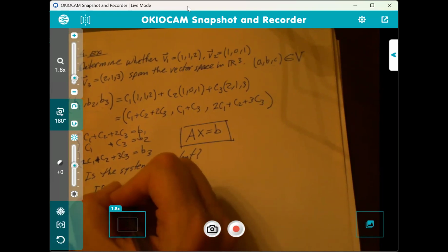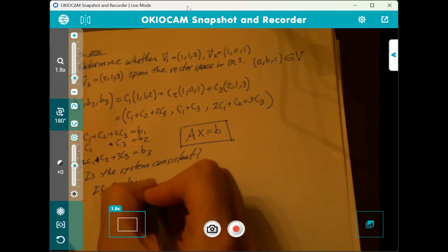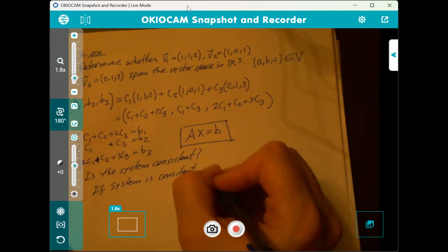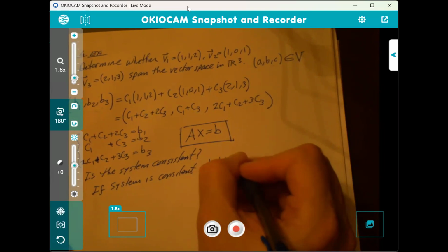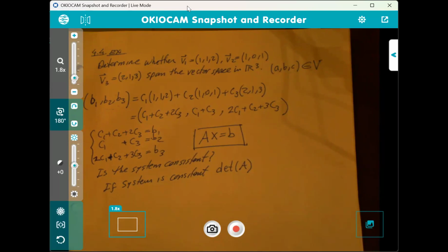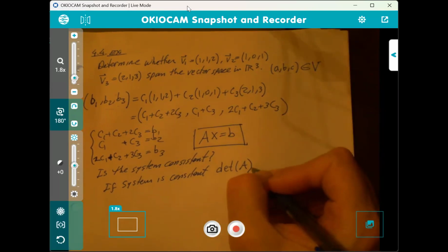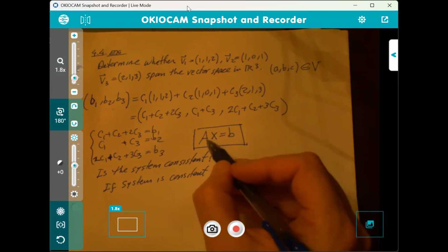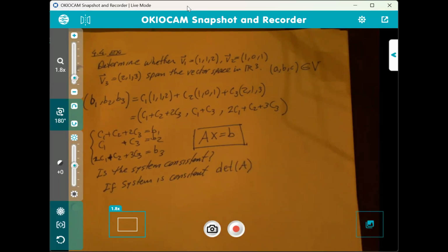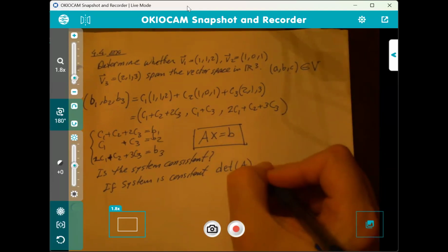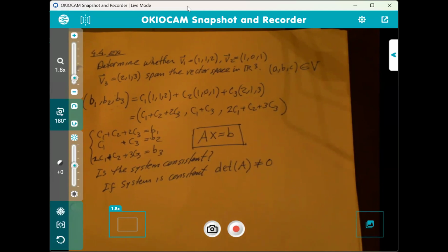If the system is consistent, what should the determinant of A be? Can it be 0? If the determinant is 0, that means the matrix A is not invertible. If it's not invertible, I cannot solve for X. So the condition says the determinant cannot be 0 for this system to be consistent.